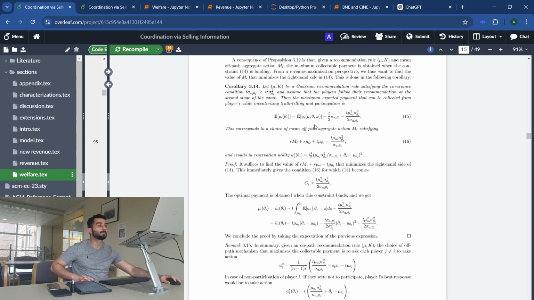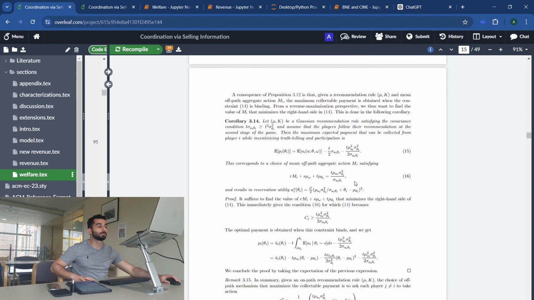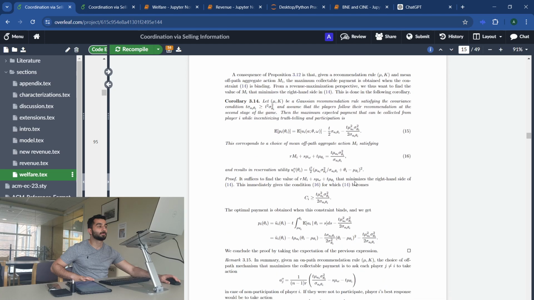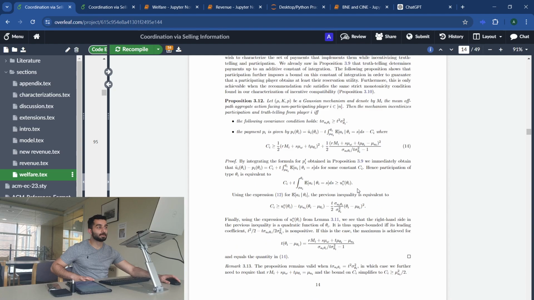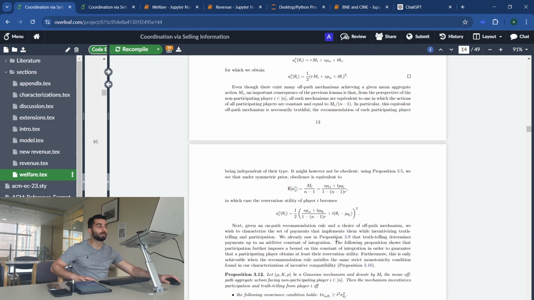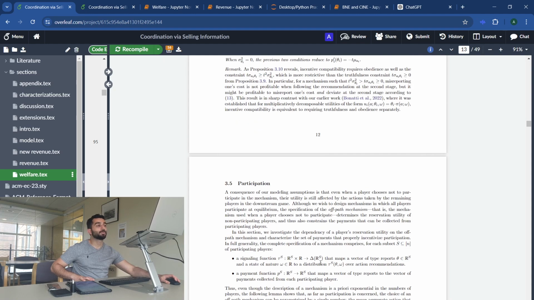Expected payment. Well, the truth is that expected payment won't be very different. Truthful, very truthful.